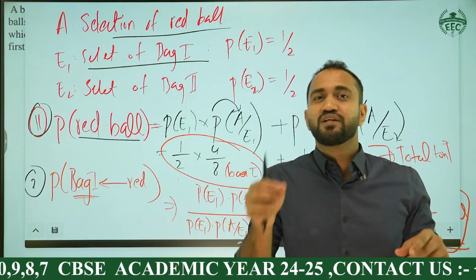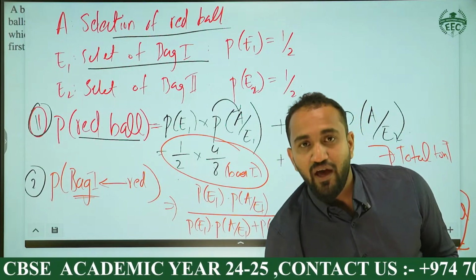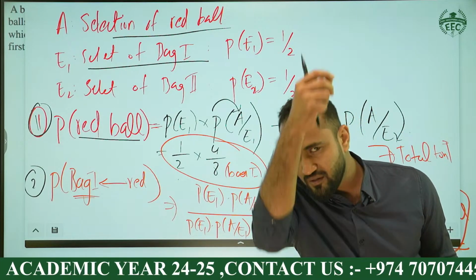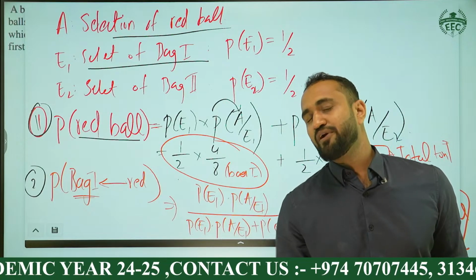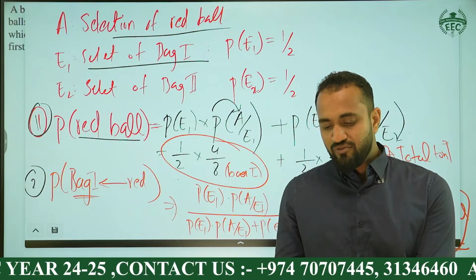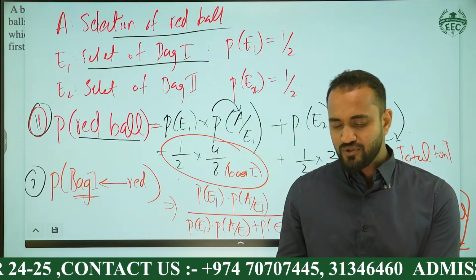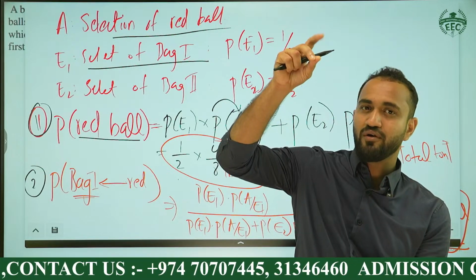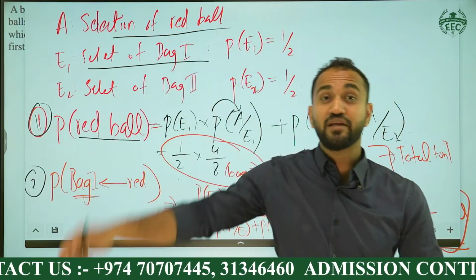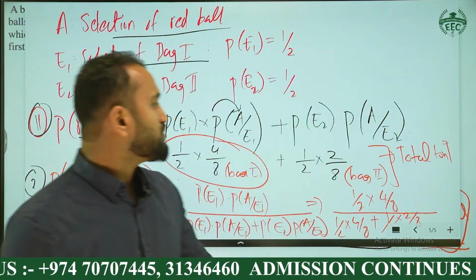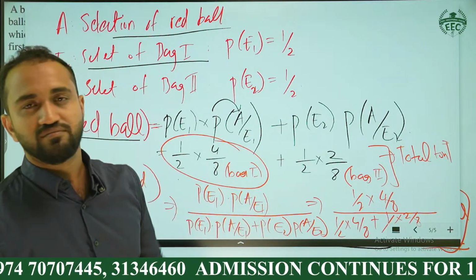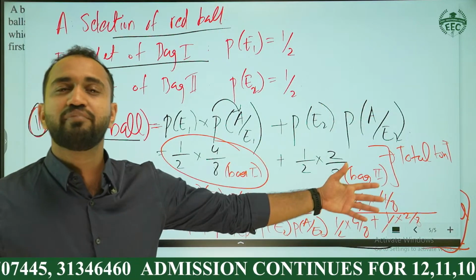So the first question is the direct probability: what is the selection of a red ball? Now, if it was found to be a red ball, go to the first level. Find the probability that it was from bag number 1. That is the second part, where you have to use the total theorem on probability and the Bayes theorem.